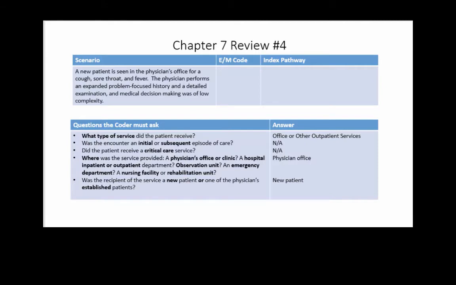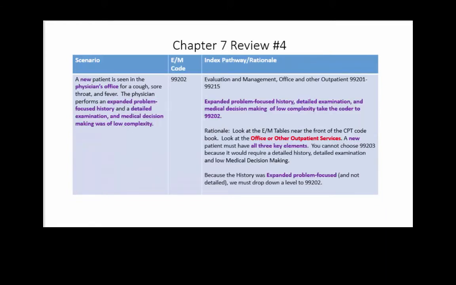For number 4, new patient again, physician's office, expanded problem-focused history, a detailed exam, and low complexity medical decision making. Evaluation and management is the main term. Office and other outpatient services is the subterm. The same code range, 99201 through 99215.